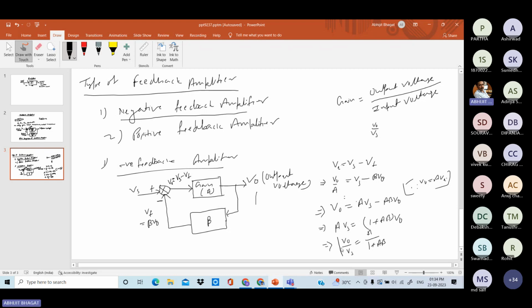So this is the new gain of the amplifier. This is the gain when the feedback circuit is used, negative feedback is used by the amplifier. This new gain, or gain with feedback, or overall gain with feedback, is denoted by AF.